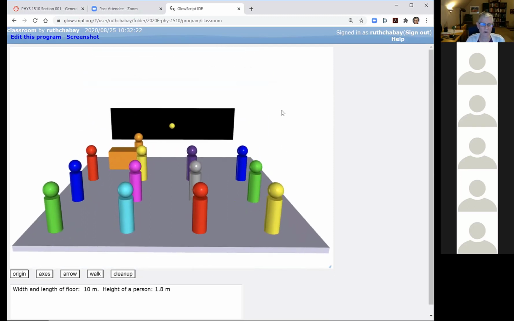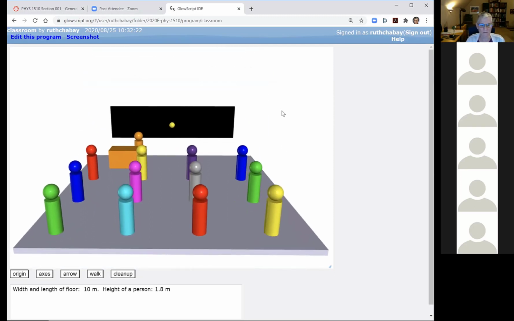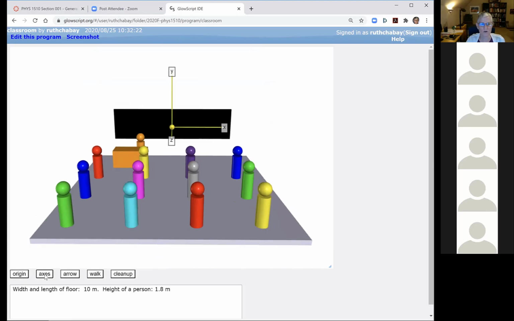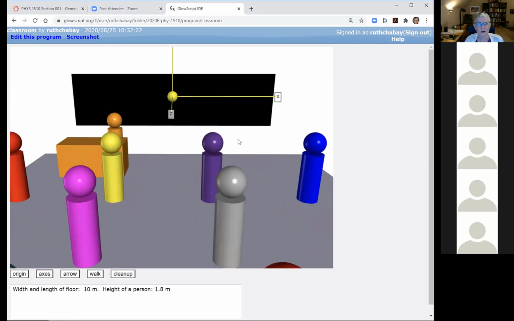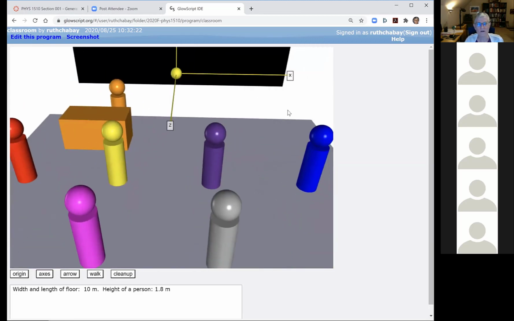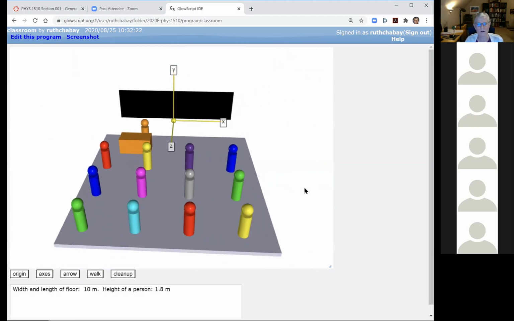We could put it anywhere we wanted to, but that's where it is right now. And it's a Cartesian coordinate system, so we will use axes that reflect the ones we just saw in that computer program. So plus x goes to the right, plus y goes up, and that means that plus z has to come out at you, because this is what we call a right-handed coordinate system.